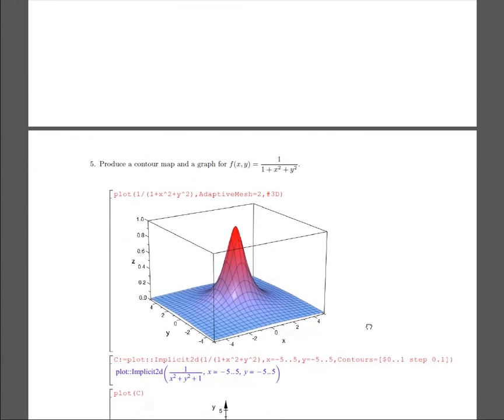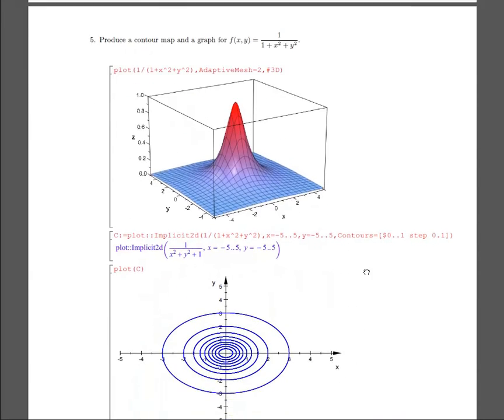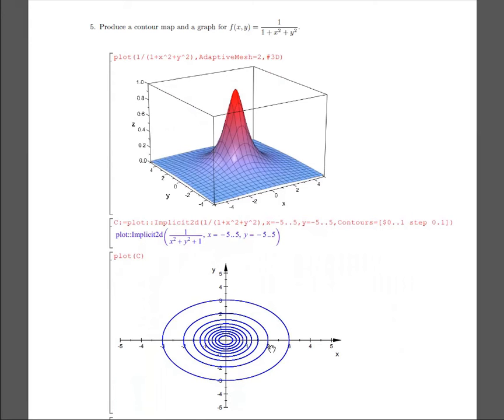And you'll see that I do that here with my contour range going from 0 to 1, and I chose a step of 0.1. That would give us about 10 contour lines, which we get here. Actually probably get 8, because at the very top we're just getting a single point, and at the very bottom we're kind of getting nothing.